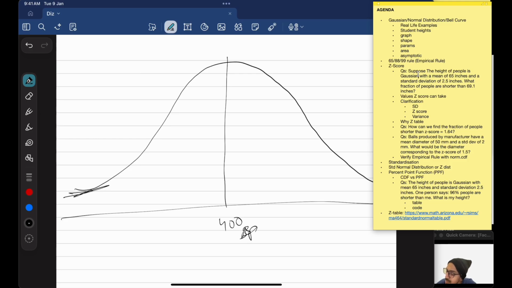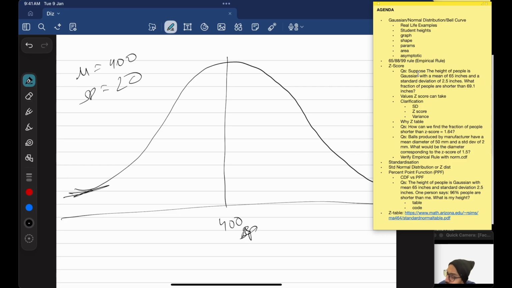So here my mu is 400 and let's say I take standard deviation 20.